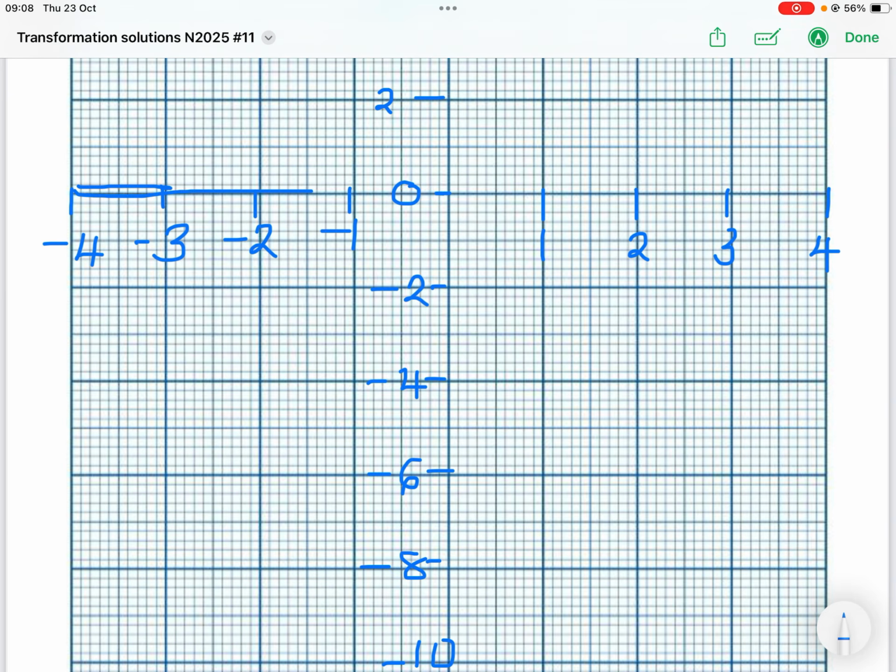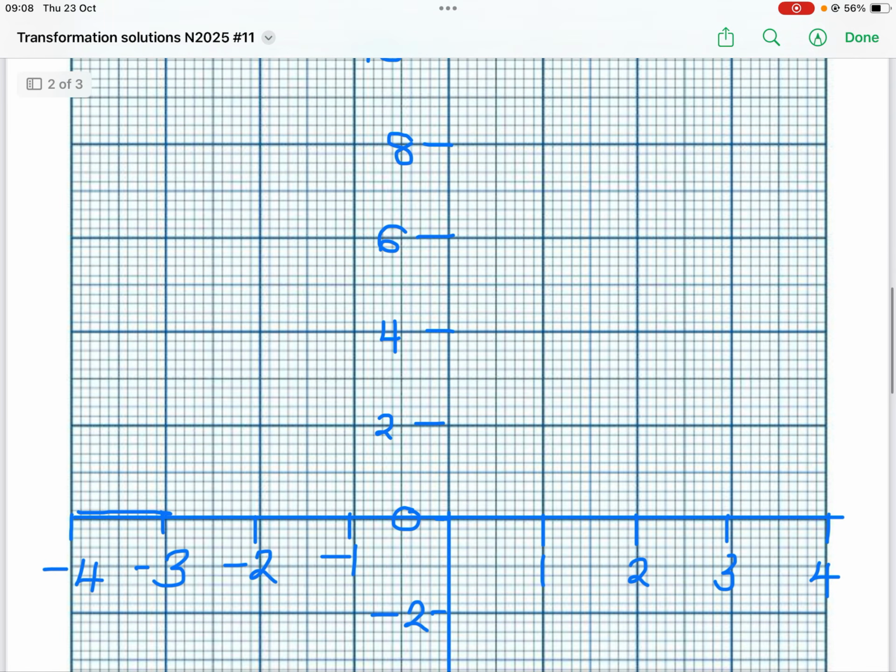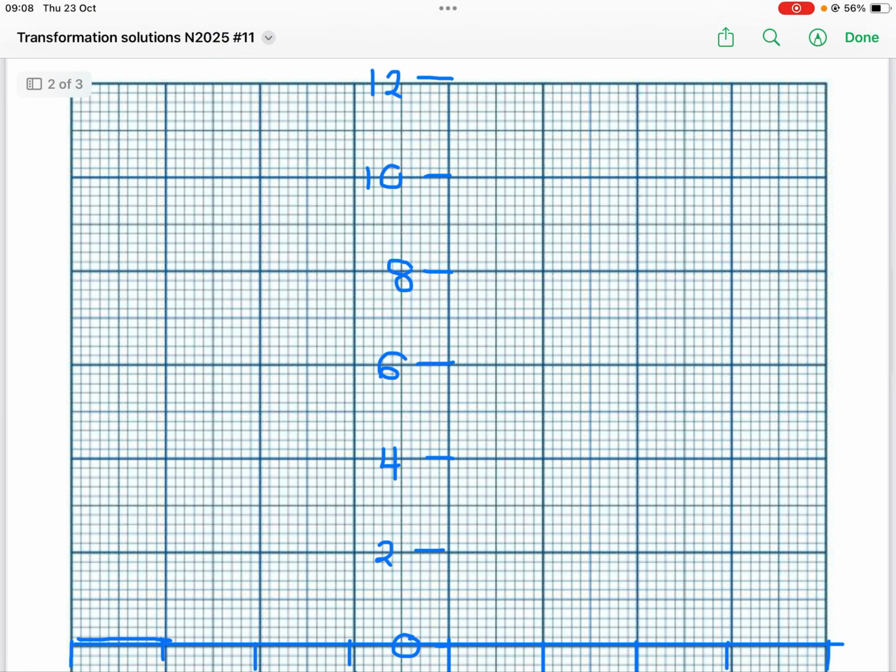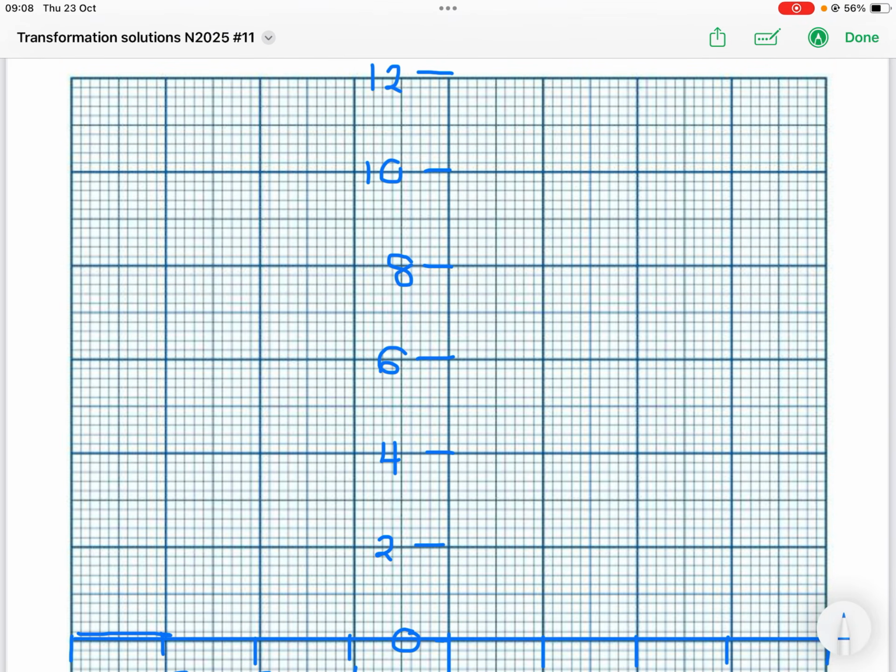We also need to underline our y-axis. So we are going to underline like this. We move on here. We underline like this. So this is the first procedure.